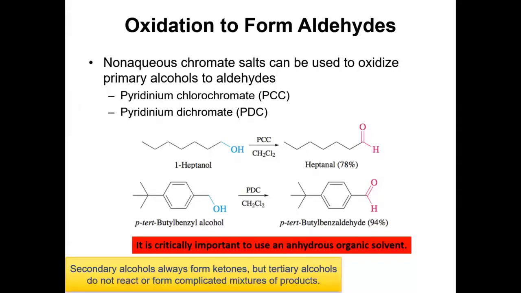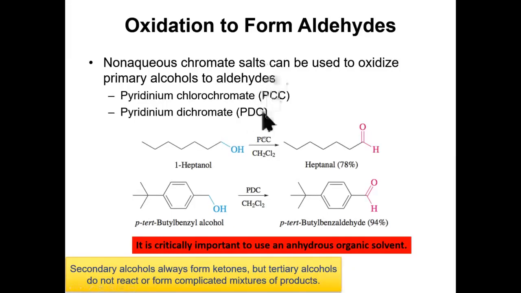So to make oxidative chromium 6 species soluble in organic solvents, chemists developed two kinds of oxidants. One is called pyridinium chlorochromate, called PCC. The other one is called pyridinium dichromate, called PDC.